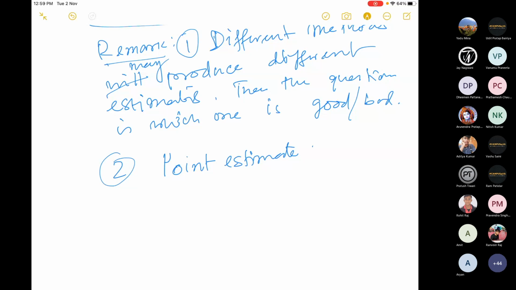But does there exist a concept to estimate this by an interval, not pinpointing the value? Such methods exist, and it is called interval estimation. We'll also talk about that.